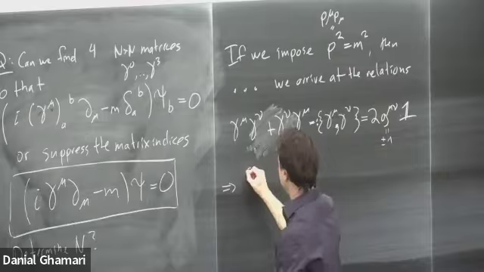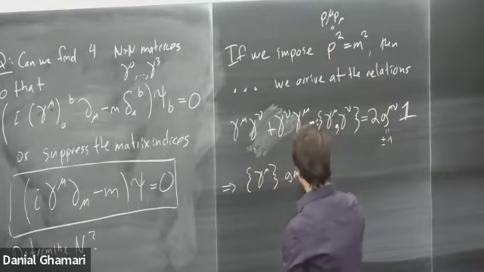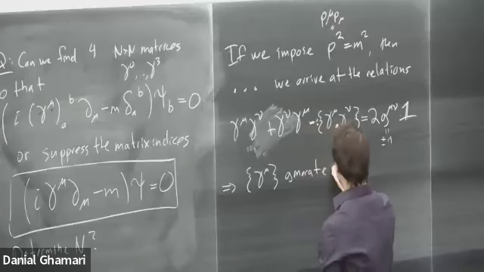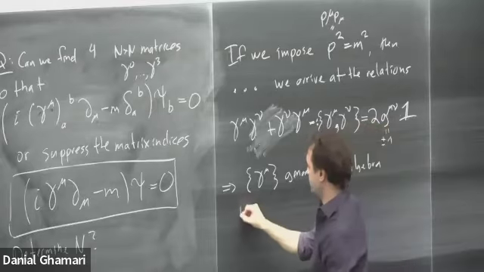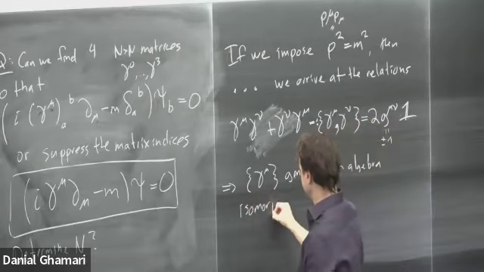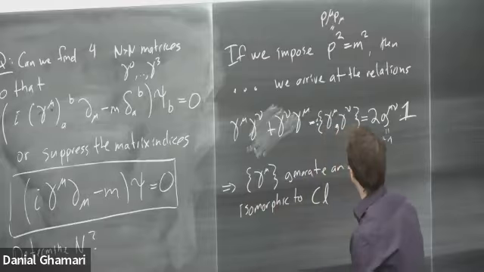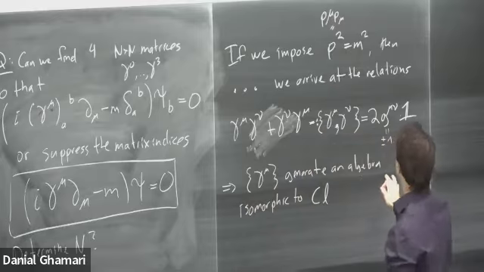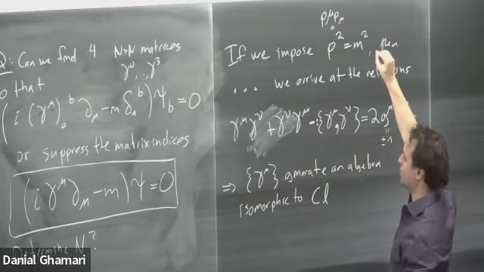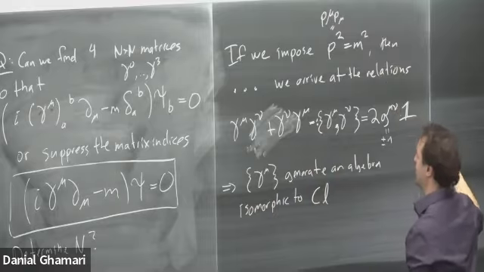So therefore, this set of gammas generates an algebra isomorphic to a Clifford algebra, where our convention is going to be a little different. Our metric puts the time coordinate first and the 3 space dimensions are minus.